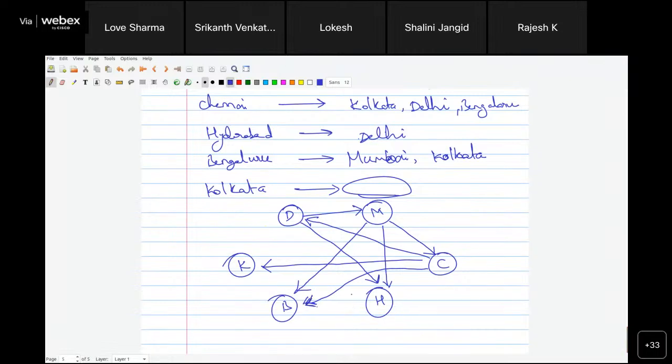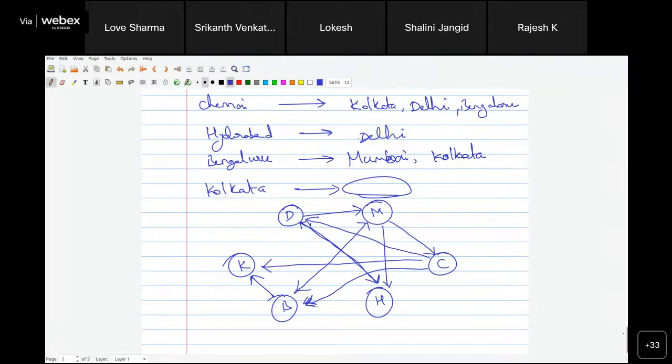And from Hyderabad we have a direct flight to Delhi, so we can give a bidirectional edge: from Delhi to Hyderabad there is a direct flight, and from Hyderabad to Delhi also. And from Bangalore we have a direct flight to Mumbai and a flight to Kolkata. That's it. So this is how the graph will be for the given data.